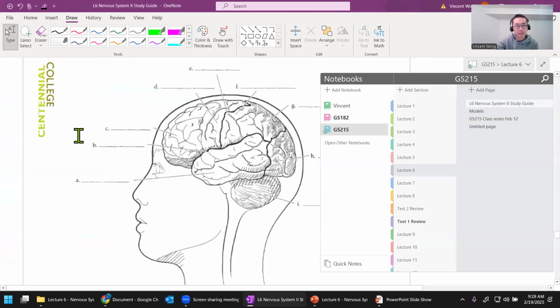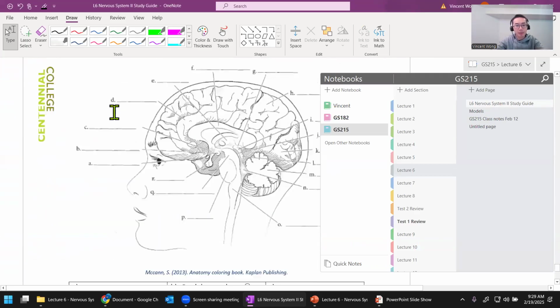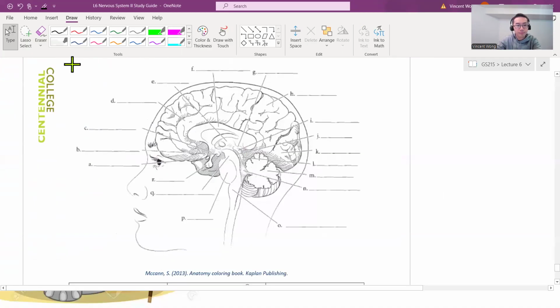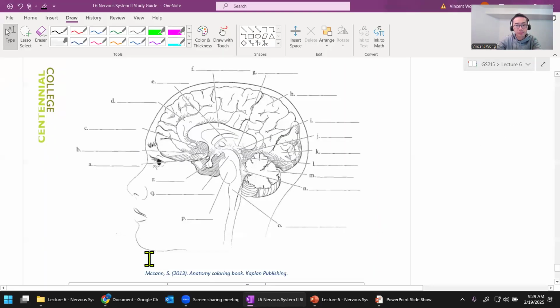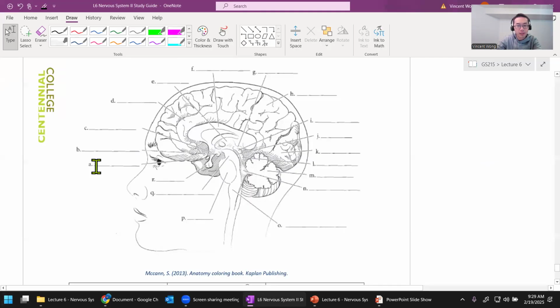Before we talk about the limbic system, let's go to our study guide. I think there is an additional brain diagram that we need to label. So let me copy it over. Hold on, nothing is working.